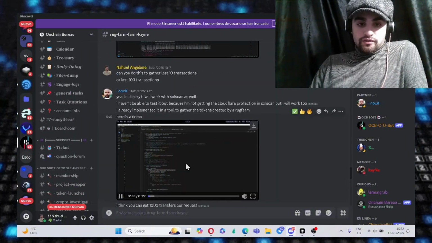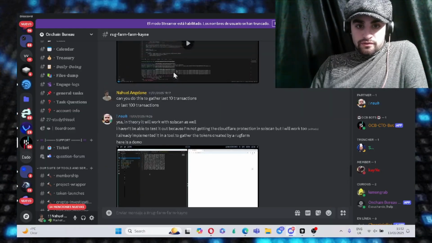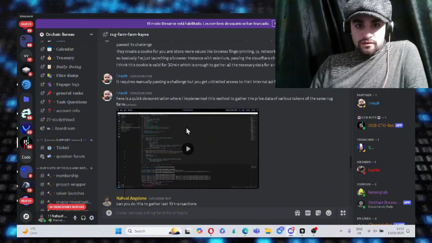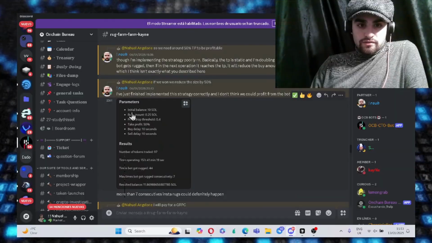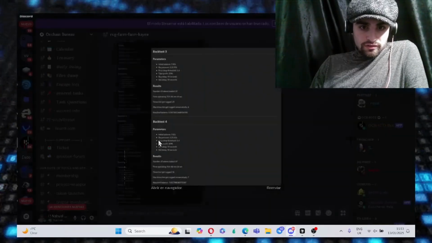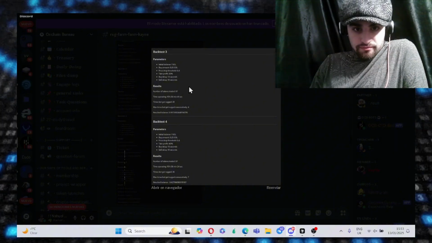So here you can gather price data using web crawlers. Price data of various tokens, and here he made some backtesting on different rugs. What would have happened with certain parameters?